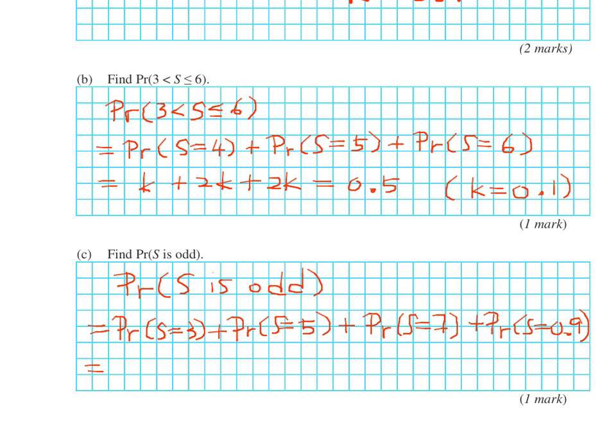So you actually see this 3, 5, 7, 9, and that means you're calculating the k, and this is 2k. S equals 7 probability is 2k and k, and because k is 0.1, you get 0.6.